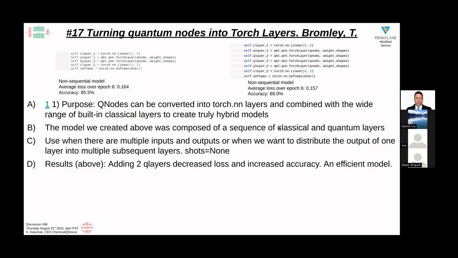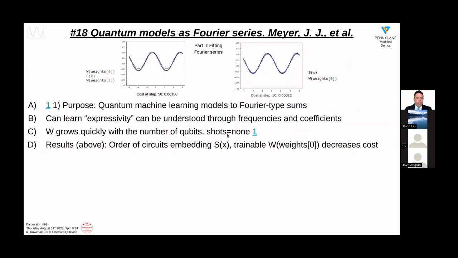This is 17. Now, 18 is interesting too, because a lot of these papers, say for instance, have a trainable layer, which is represented by W on the left, then an embedding layer by S, and then a trainable layer. So this has worked for me, but not in this case.